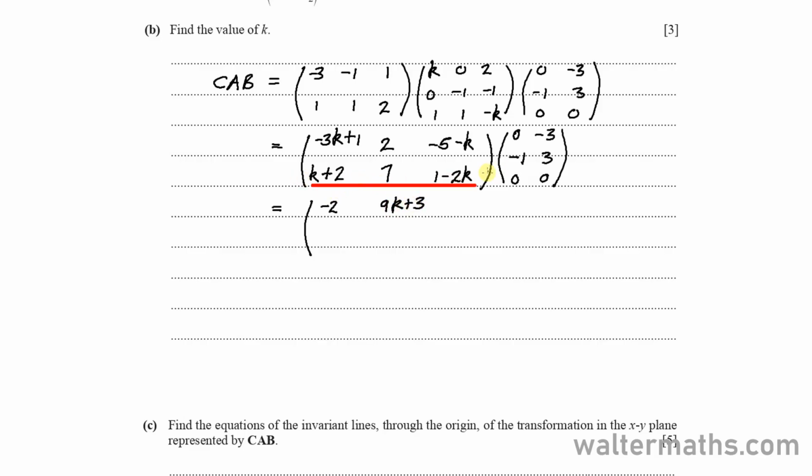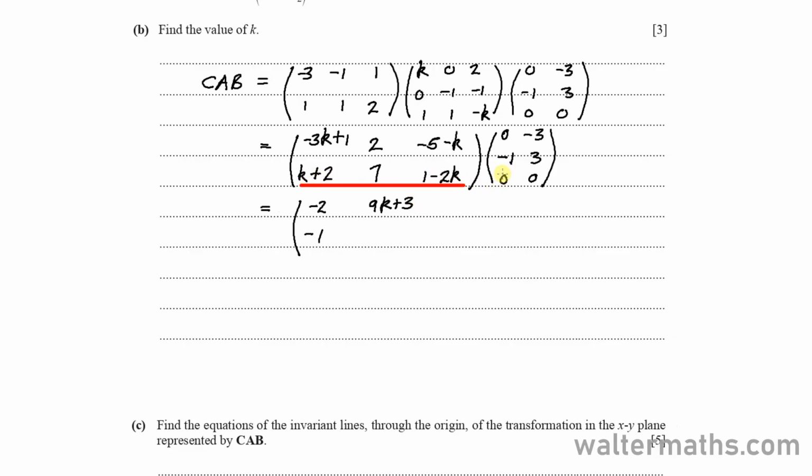Then for the lower row and the first column, that's k plus 2 times 0, which is 0, plus 1 times minus 1, which is minus 1. Then 1 minus 2k times 0 is 0. So next, it's this row times this column. So it's k plus 2 times minus 3, which is minus 3k minus 6. And it's plus 1 times 3, which is 3. And it's plus 1 minus 2k times 0, which is 0.